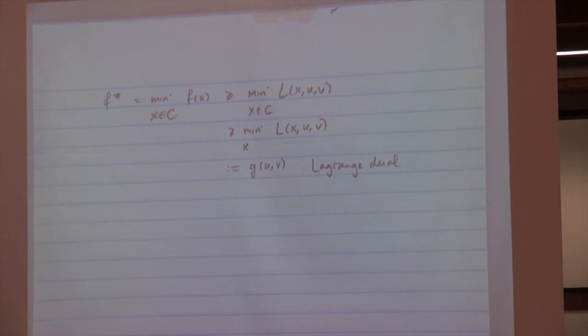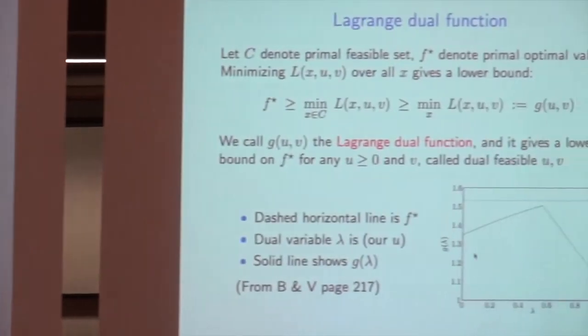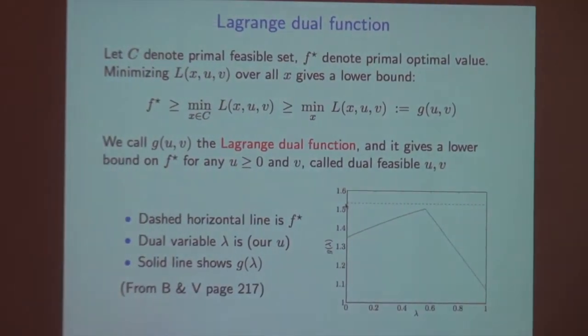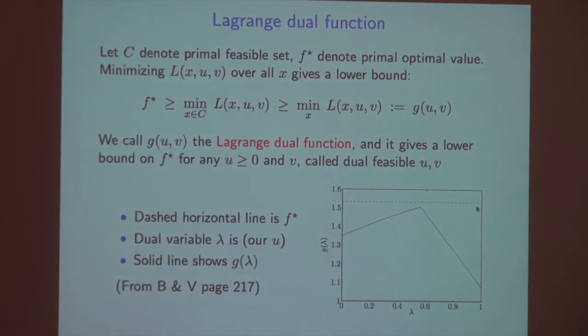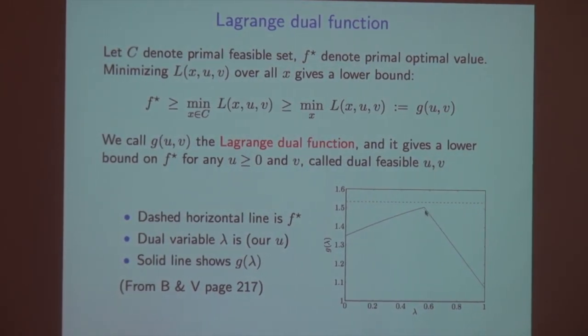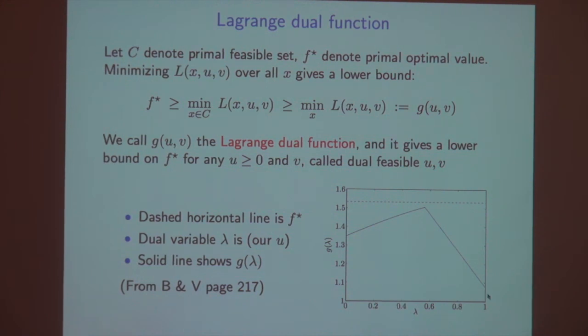So from this last picture, now we're showing the optimal primal value, which is f star, and we're plotting here the dual function, which is just a function of one variable in this case.